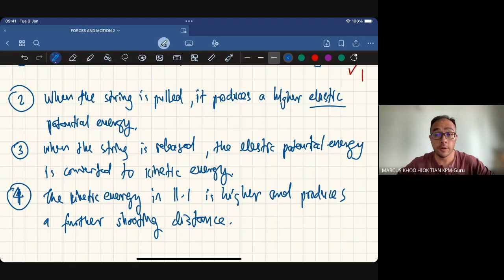Point number 4. So think in terms of the energy, because what makes it move is kinetic energy. So you cannot be talking about the force anymore. The force produces the elastic potential energy. Elastic potential energy converts to kinetic energy. Kinetic energy makes it move even further.